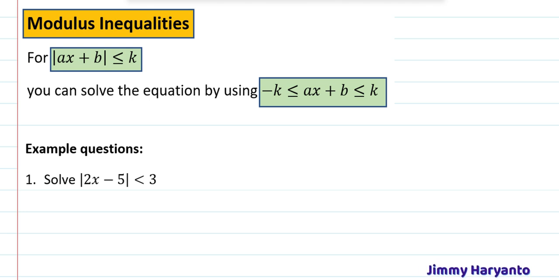But I want to show you something that you can solve easily using the formula. So I suggest you memorize this formula. If it is less than, whether it is equal to or not, the formula will be like this. You only have to rewrite the modulus function, and then it will be in between negative the number and the number.